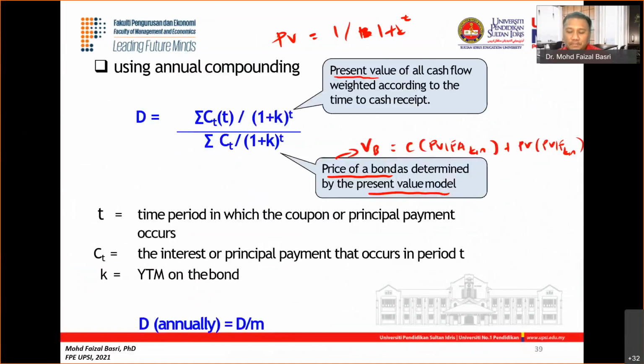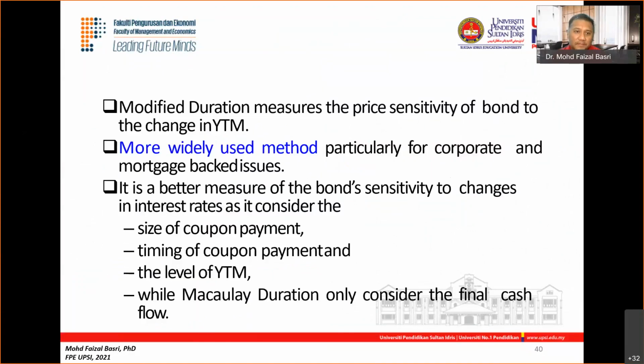Obviously, this duration was studied by economists in the past. They found that this Macaulay duration is not really accurate, so they needed to make some adjustment. That's why they came up with the modified duration.